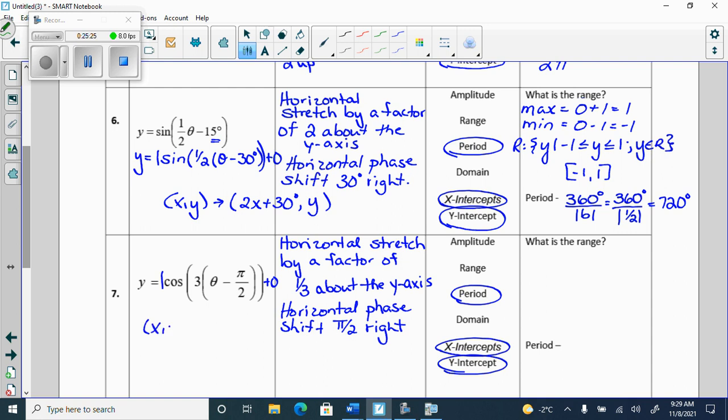So my mapping will be x, y becomes 1/3 x plus pi over 2, comma y. My range is going to be y such that -1 is less than or equal to y. It didn't change.